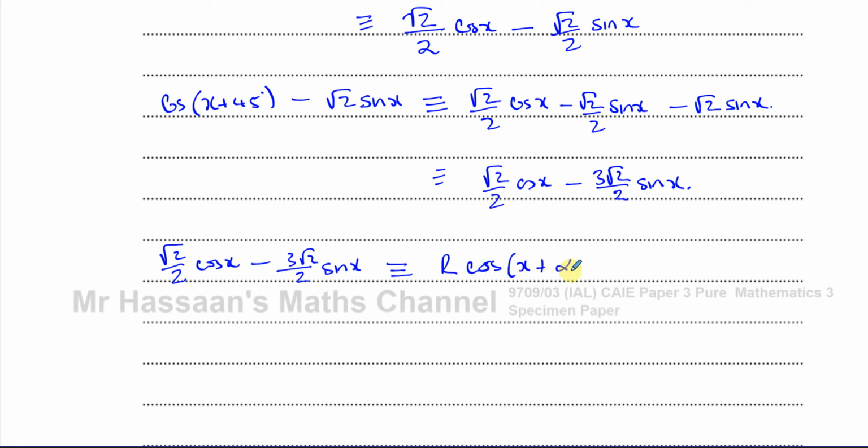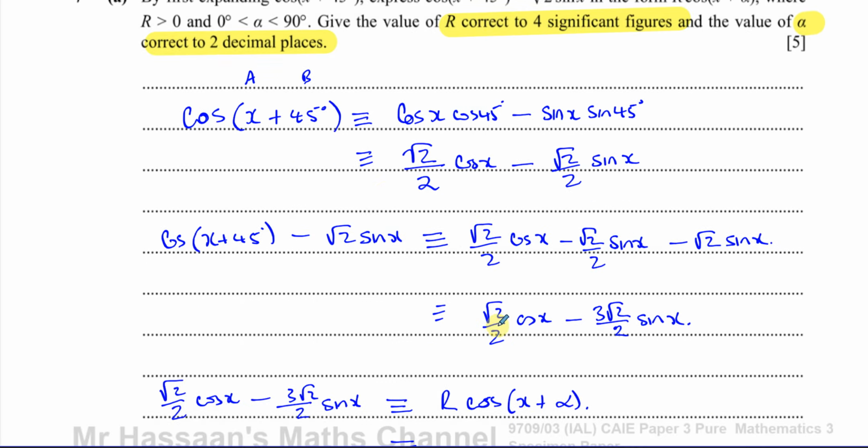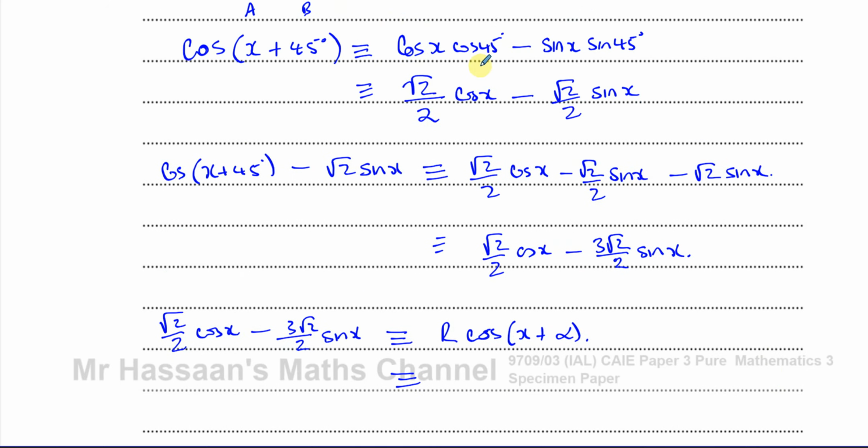Now we can expand this again using the same formula. We know the formula: cosine of x times cosine of alpha minus sine of x sine of alpha. When you expand that, you'll also have r multiplying both terms. So you'll have r times the cosine of x times the cosine of alpha minus r times the sine of x times the sine of alpha. That's how that will expand.